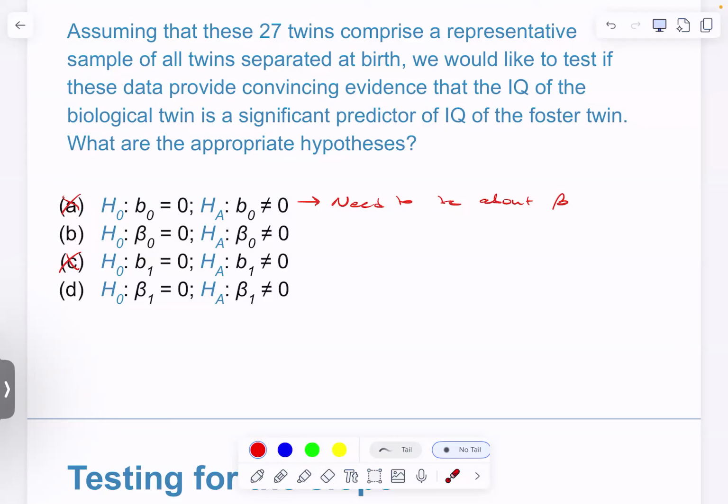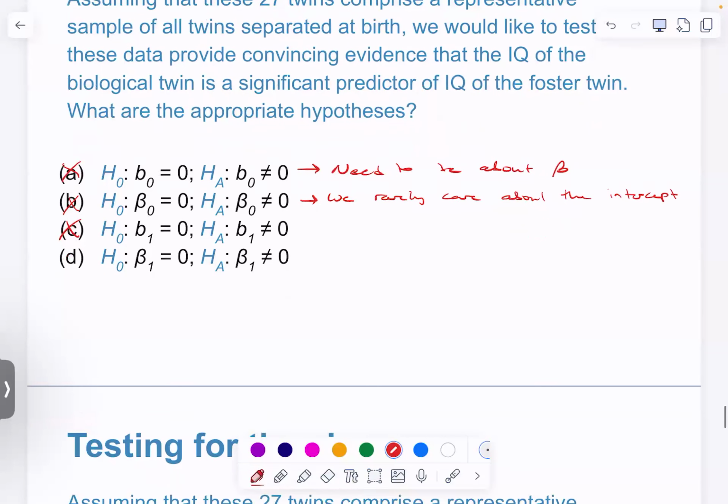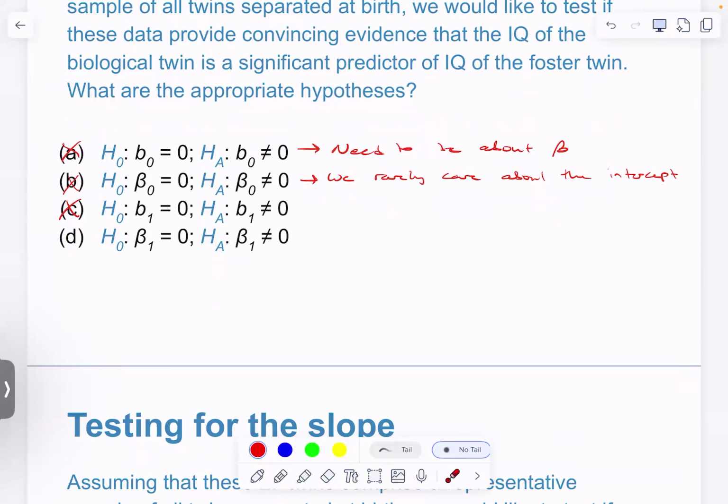And so here we rarely care about the intercept. We need it, but just like we've been saying, it's just an anchor for your line, right? So it doesn't really contribute anything, or rarely. Which tells me that it has to be this one here.